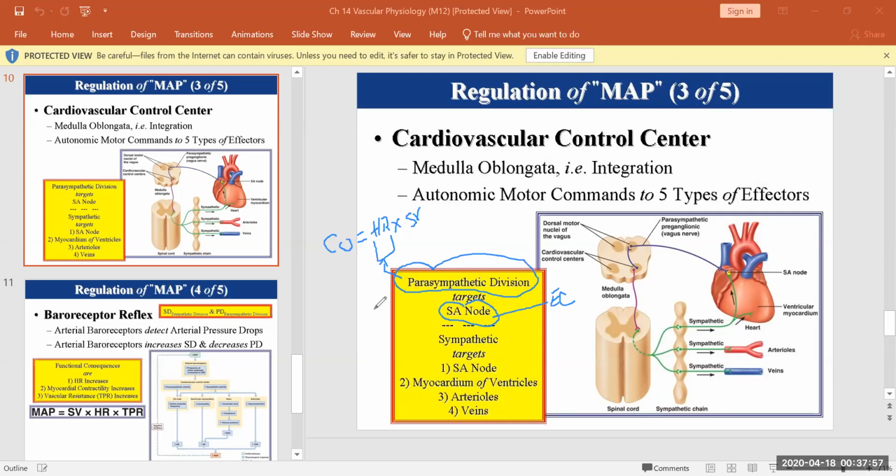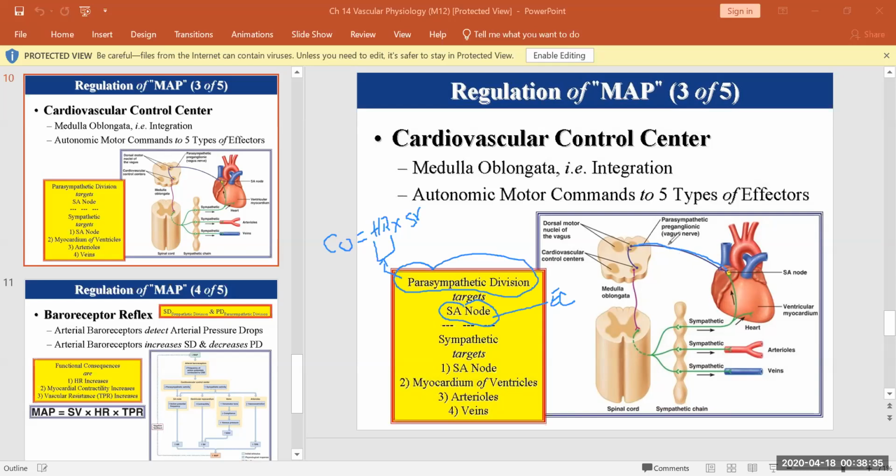Here comes the question. Why? Again, that helps you understand the material, not blindly memorize everything. The question is, why is it that the parasympathetic division cannot affect the mechanical component of the heart? The answer is really straightforward. It's right in front of you on the slide itself. If you look closely, this is the parasympathetic. You see that blue line there? It goes to the yellow dot, the SA node.